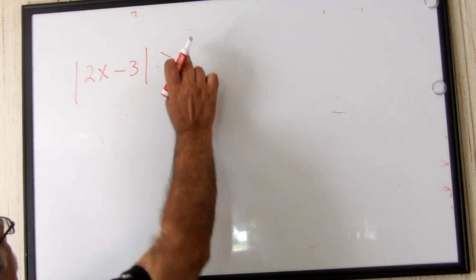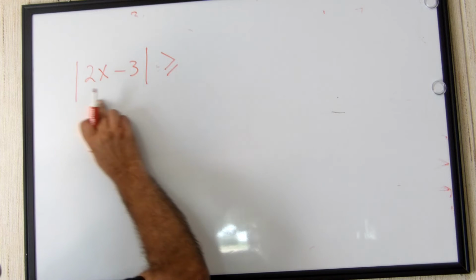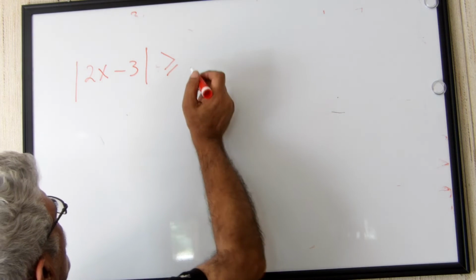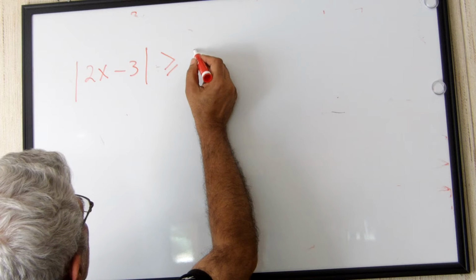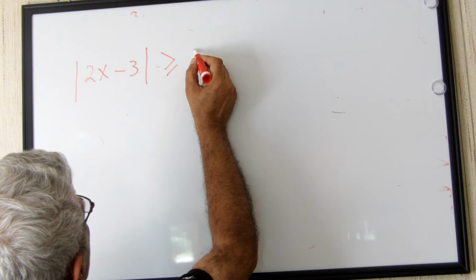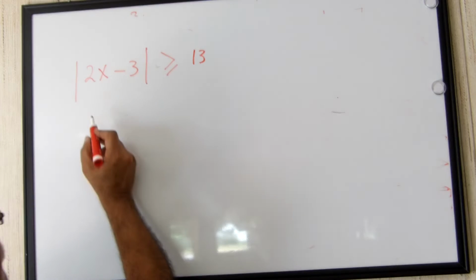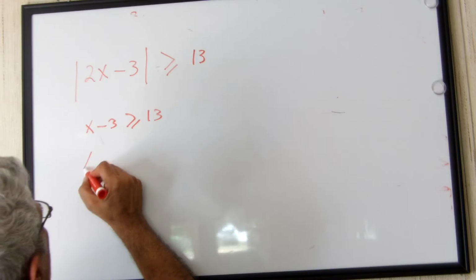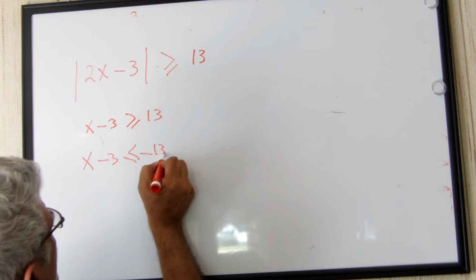We don't write a minus here for now, because it's a long story. So what we do is say x minus 3 is larger than or equal to 13, and another equation, x minus 3 is less than or equal to minus 13.